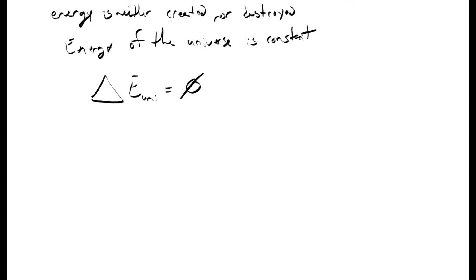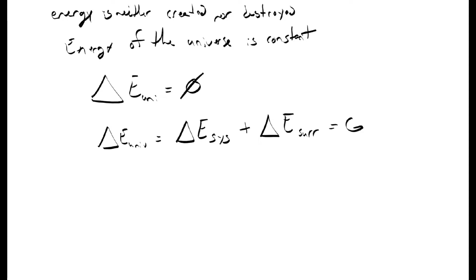But remember that the universe is equal to the system plus the surroundings. So delta E of the universe equals delta E of the system plus delta E of the surroundings, which is equal to 0. Sorry about that, my computer wobbled on me. So we can now stop worrying quite so much about the universe as a whole and just focus on these two.